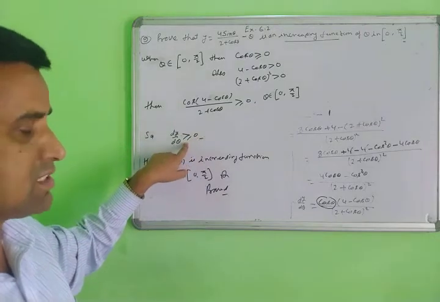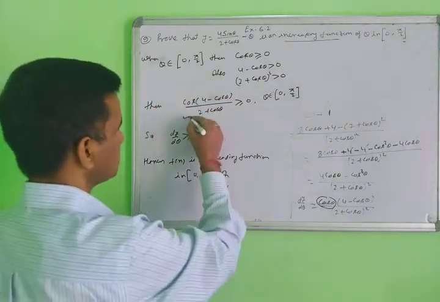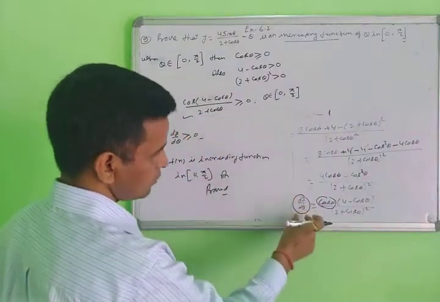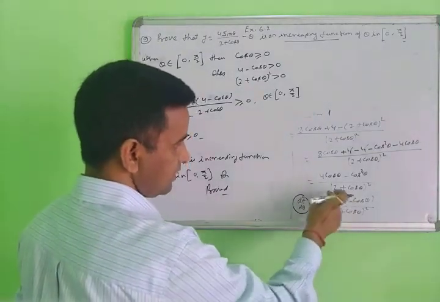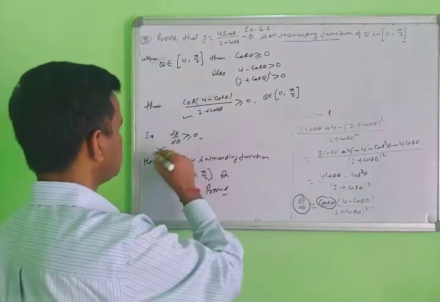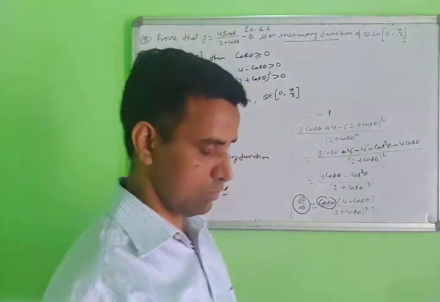This derivative is greater than or equal to 0, and this is also greater than or equal to 0. When this is greater than or equal to 0, this is also greater than or equal to 0, then you can say this is an increasing function in the interval 0 to pi by 2.